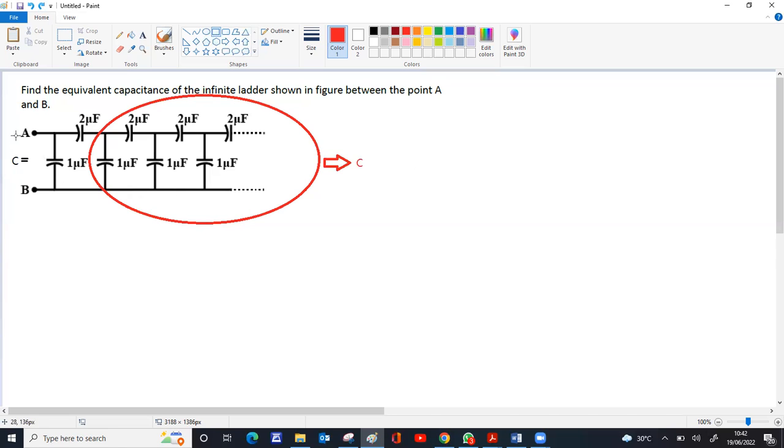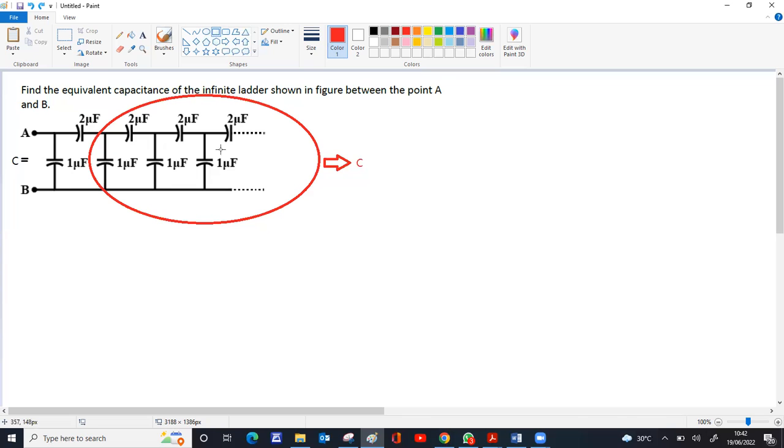Let's assume the total capacitance without changing any of the given factors between B and C. Then see the repetition, 1, 2, 1, 2. So remove one set of repetition.